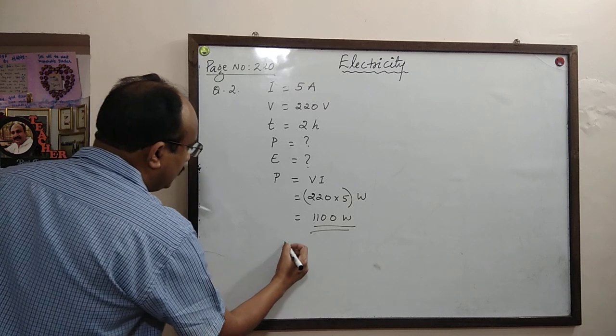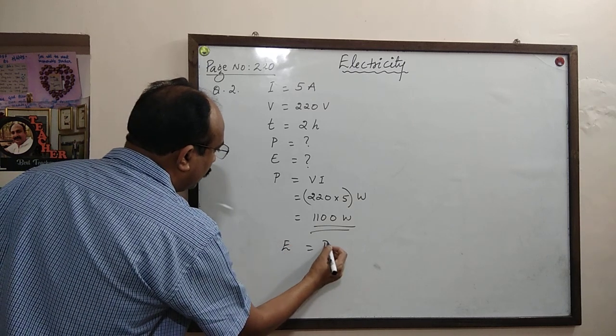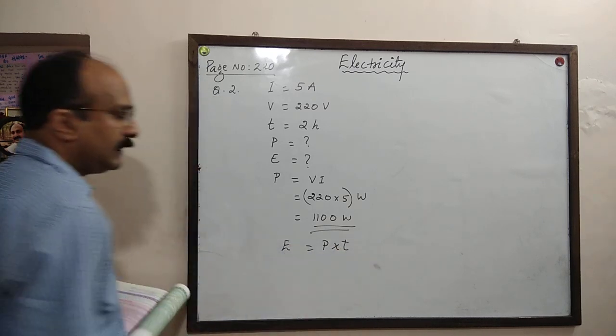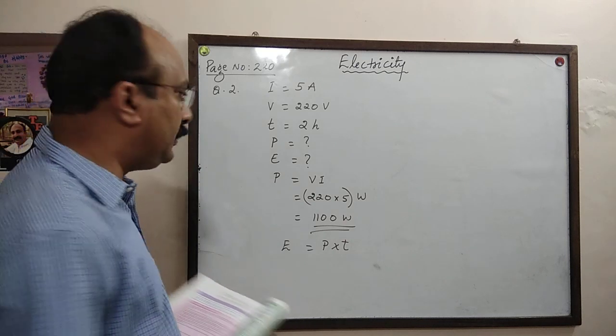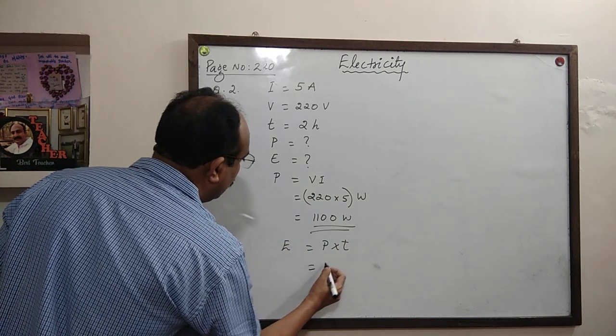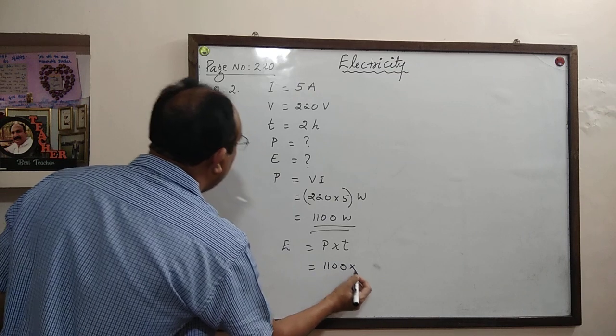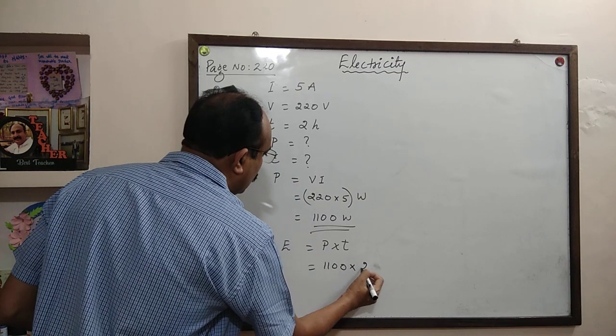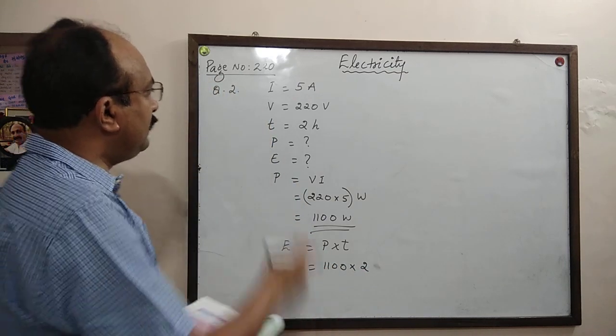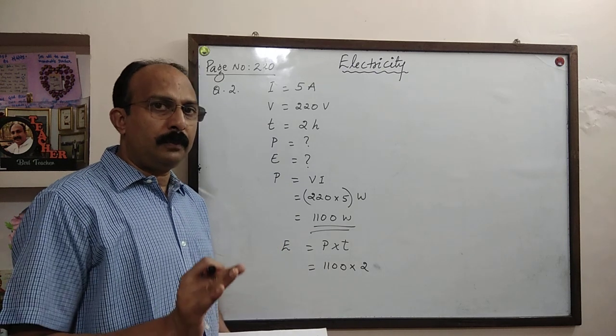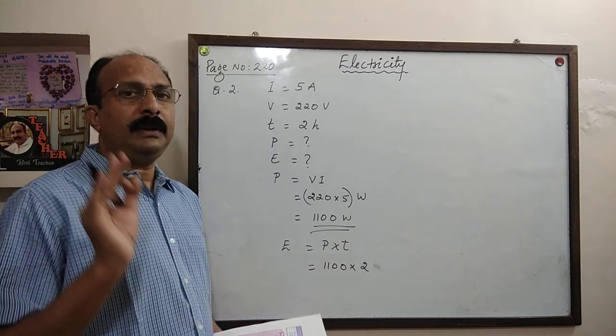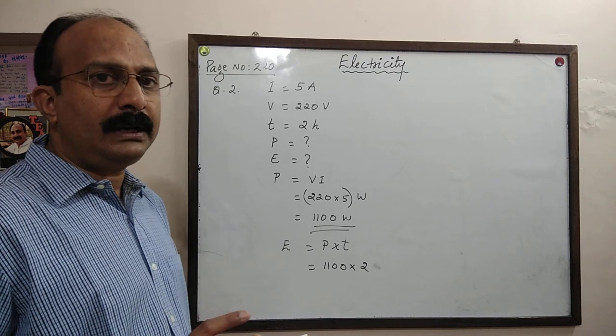Second part of the question is energy. E is equal to P into T, which is 1100 into 2, but time is given in hour. No problem.